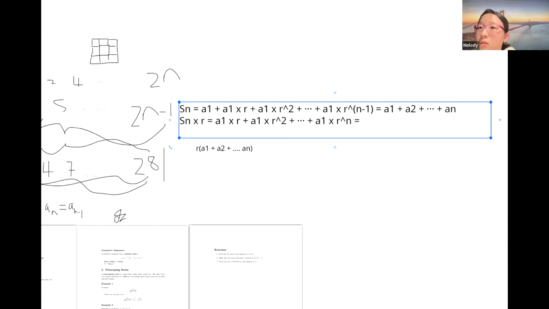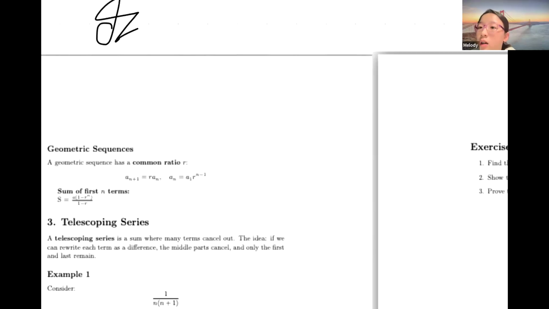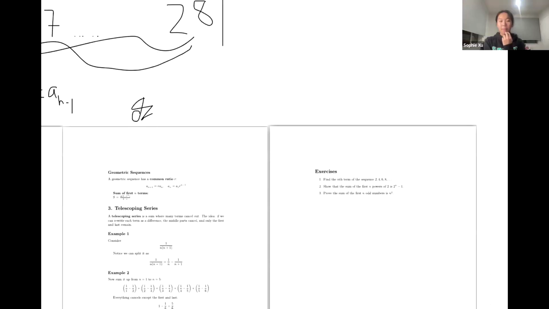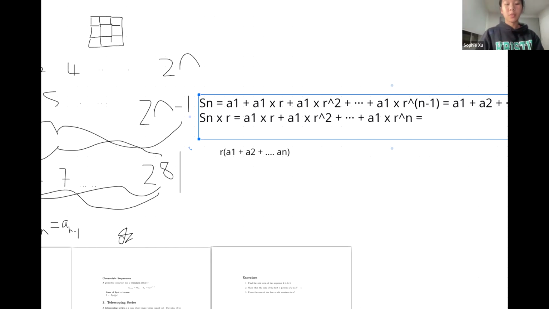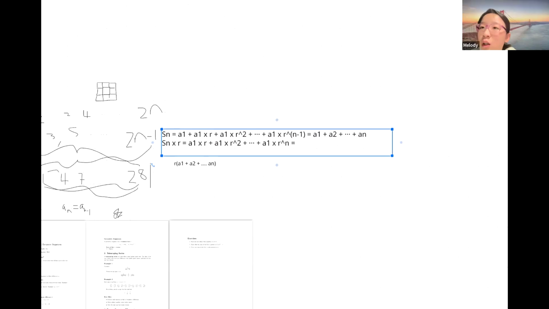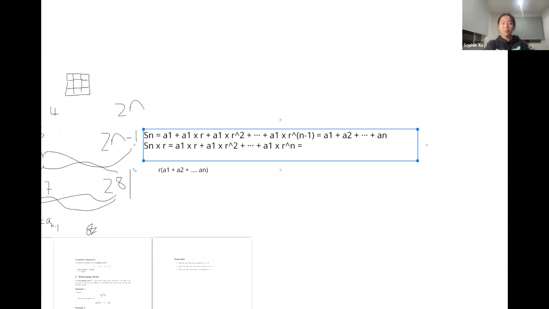You can subtract the first equation from the second one. So we get r minus 1 times. Well, how about you talk me through what we get? You get r equals a1.